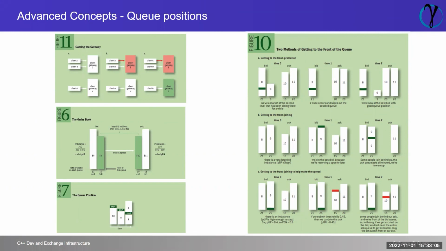Whereas client A can then actually trade on that second gateway. Whereas client B, since client B only has one connection to the exchange, to that gateway, they'll get slowed down, right? Because the gateway is busy trying to parse client A's request, right? So this is one way of gaming the system.